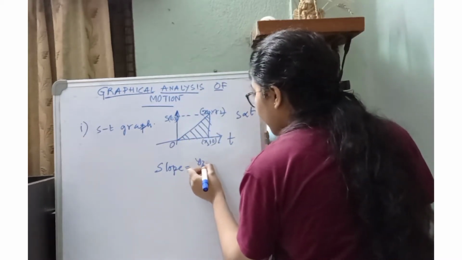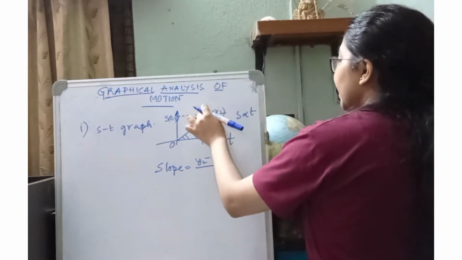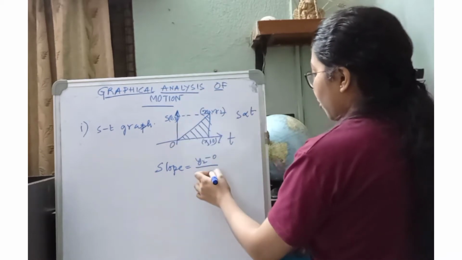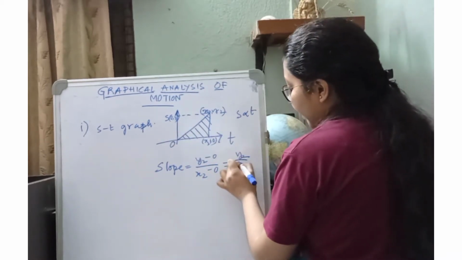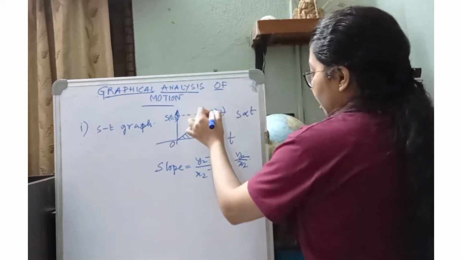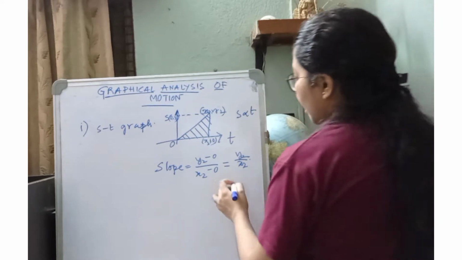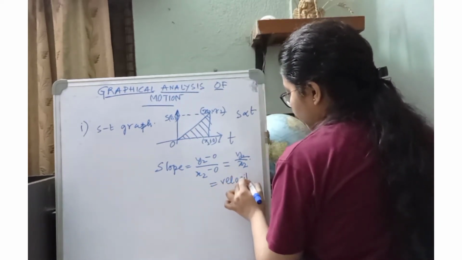So y2 minus 0 by the final x coordinate, which is x2, minus the initial x coordinate, which is 0. So the slope is y2 by x2, and this particular slope gives me the value of velocity.